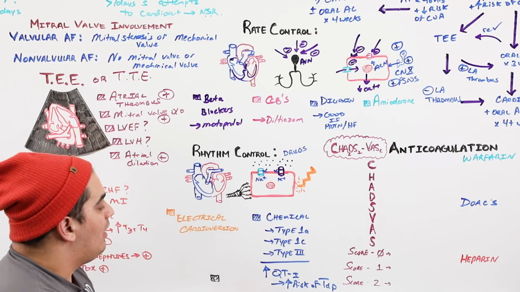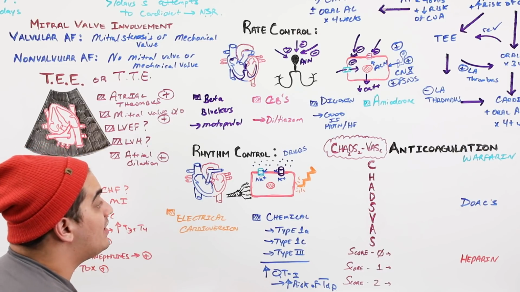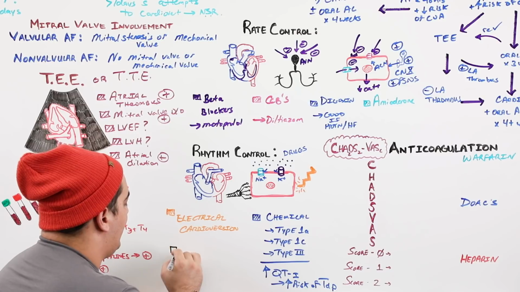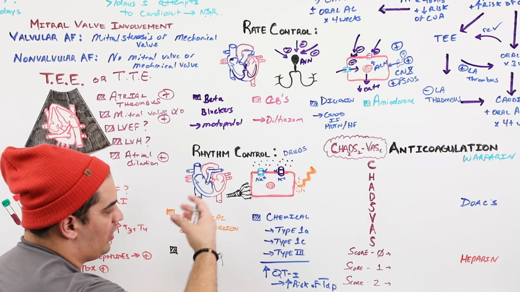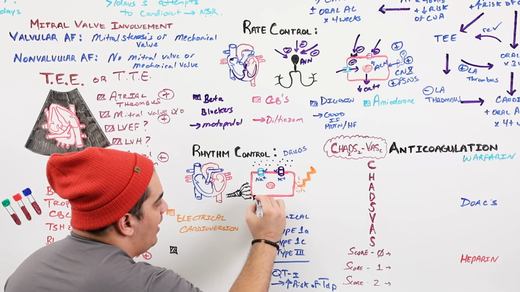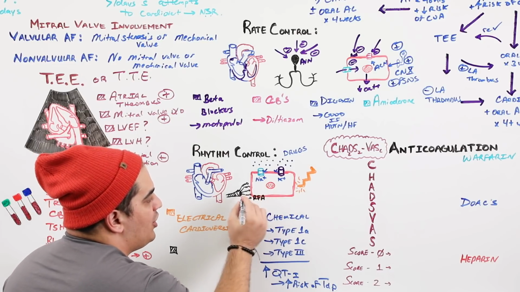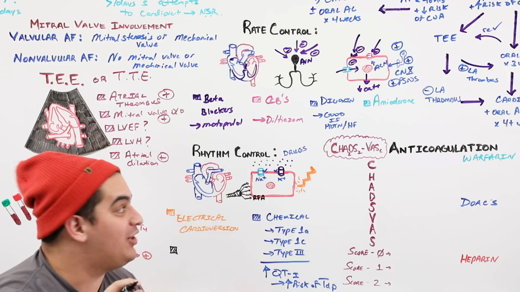Okay? The last one here that you want to be thinking about is radiofrequency ablation. This is the last aspect, where maybe you've tried some chemical cardioversion, you've tried some electrical cardioversion. You can utilize radiofrequency waves, radiofrequency ablation, to destroy some of these agitated, irritable, ectopic atrial foci.